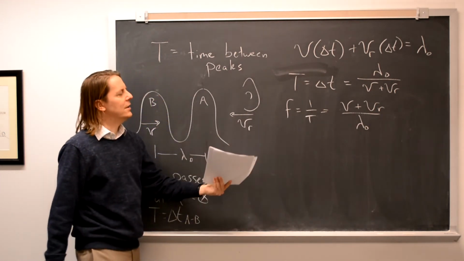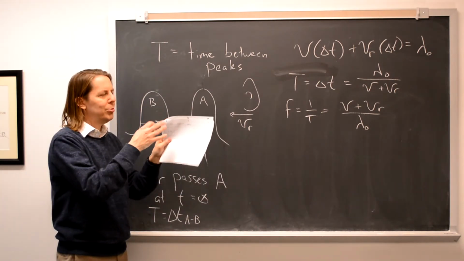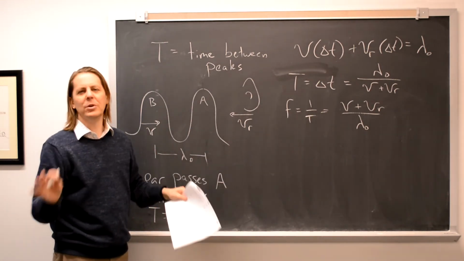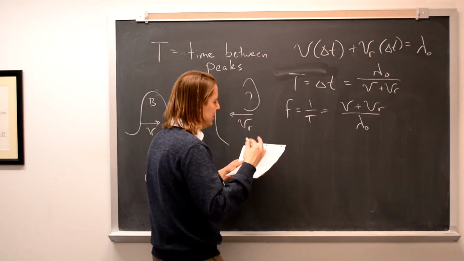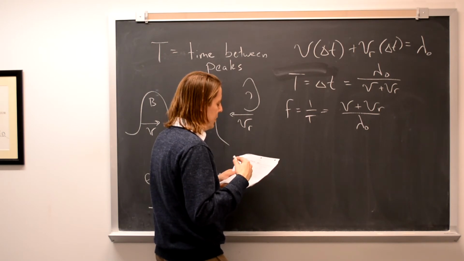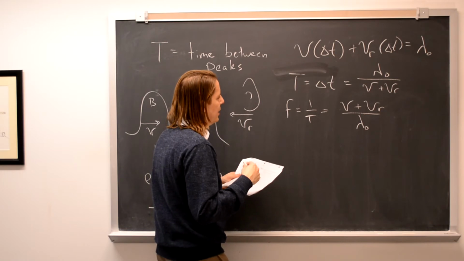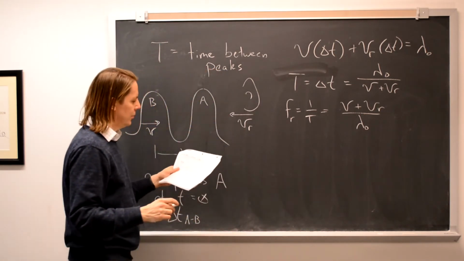But we like to write it in terms of the original frequency. I like to write it as 1 plus something, times the original, because that's just how we do it. So this formula is correct, but let me give you the more standard formula way. So this is the frequency the receiver hears, right?